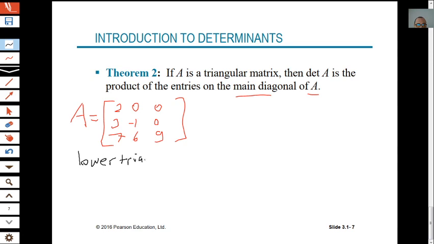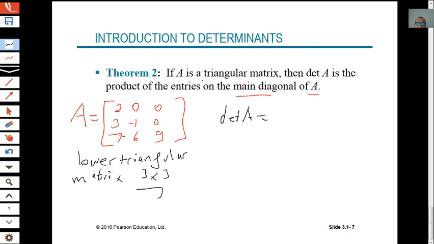This is a triangular matrix, which is 3 by 3, a square matrix, and we want to find the determinant of this matrix.